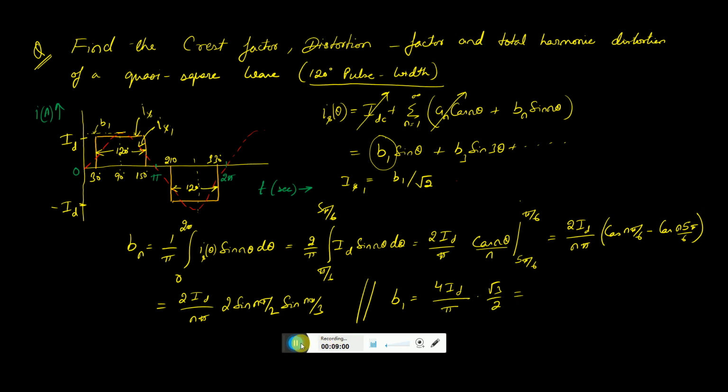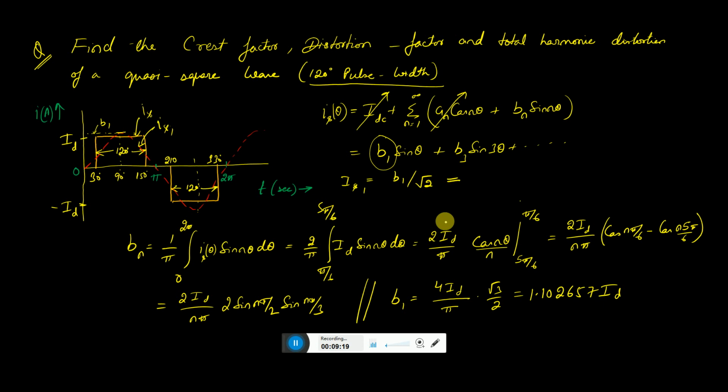And when we calculate this, this comes out to be 1.102657 Id, like that. So that's the value of B1, and we are interested in B1 by root 2.